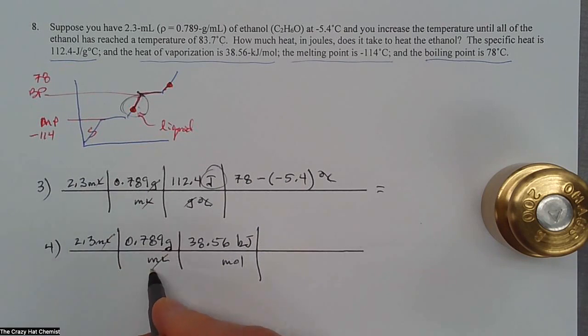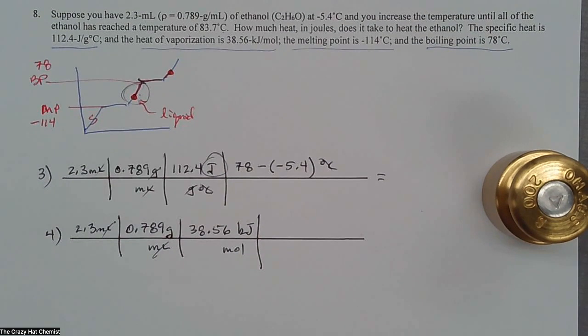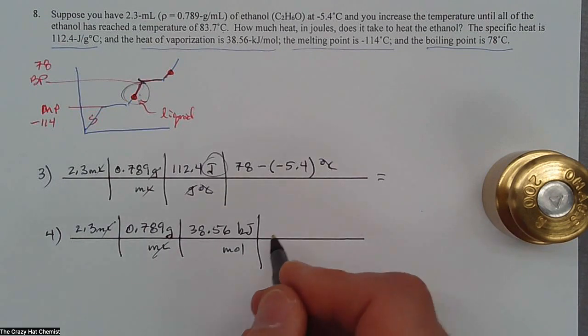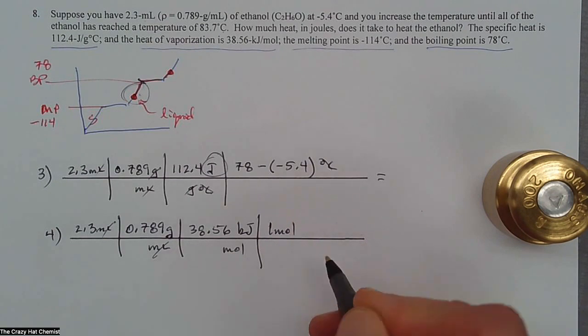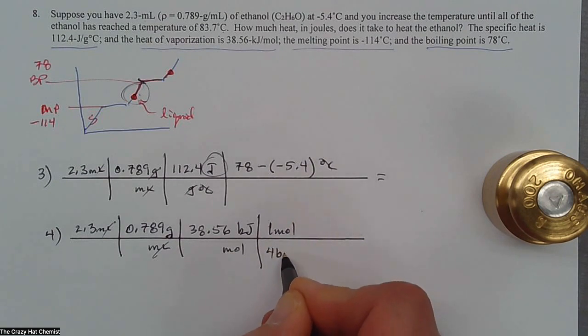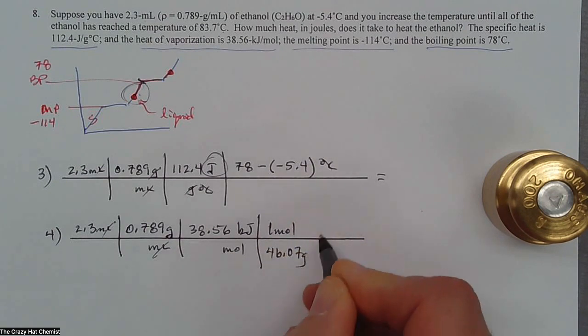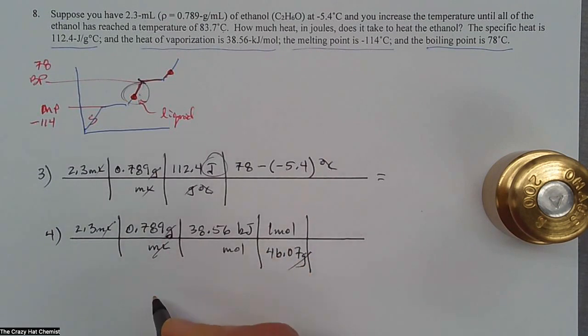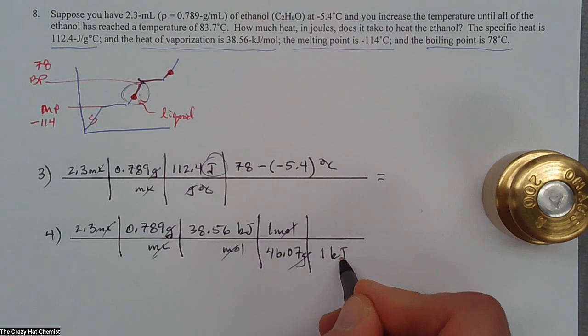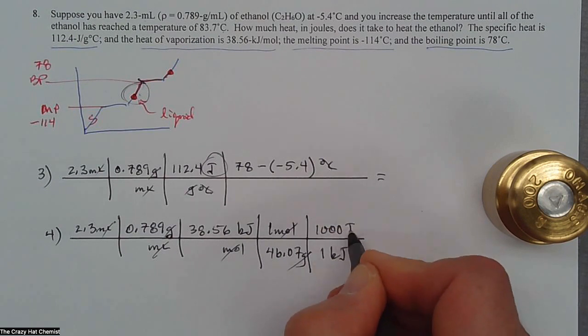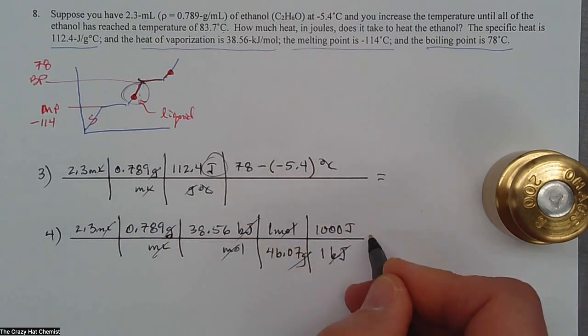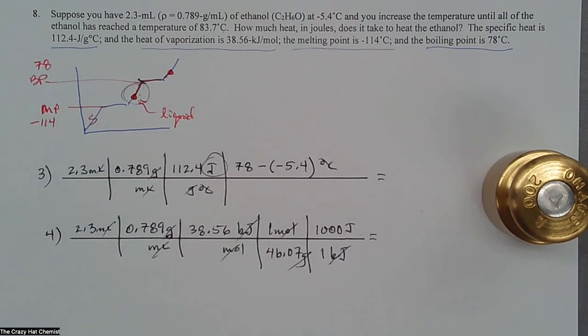And so our milliliters cancel out, but our moles and grams do not yet. So what we need to do is deal with that. We're going to use the molar mass. That's 1 mole of ethanol is 46.07 grams. That will cancel out the grams and the moles, and now I need to cancel out those kilojoules. 1 kilojoule is 1,000 joules, and therefore the kilojoules cancel out. I'm going to get a number for that.